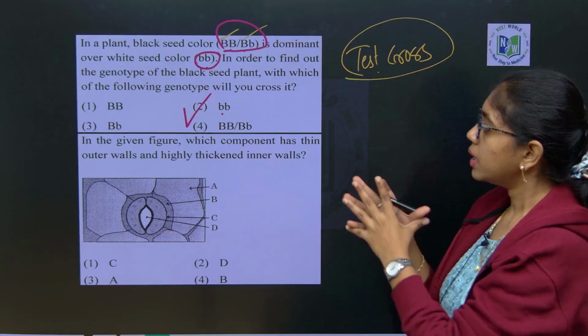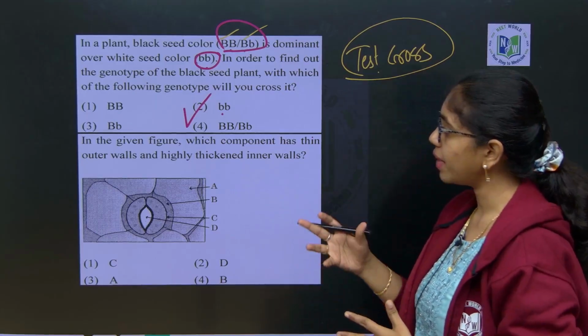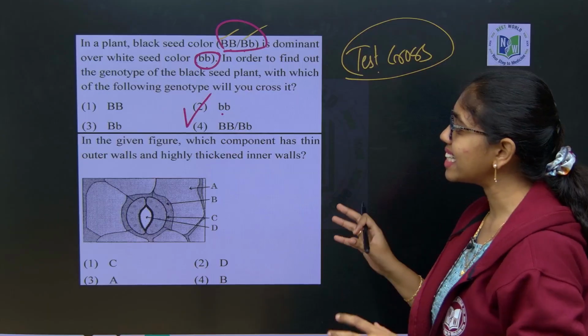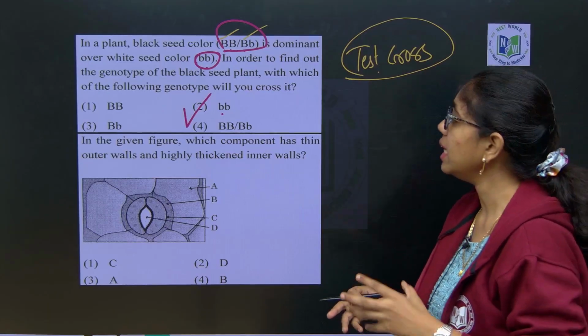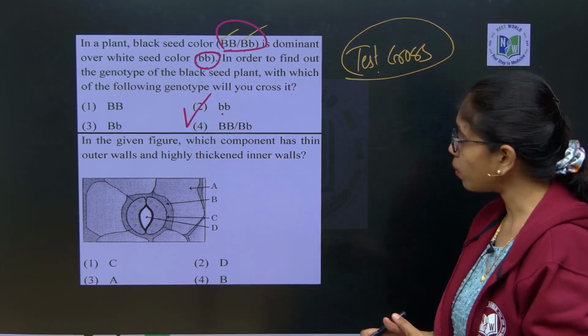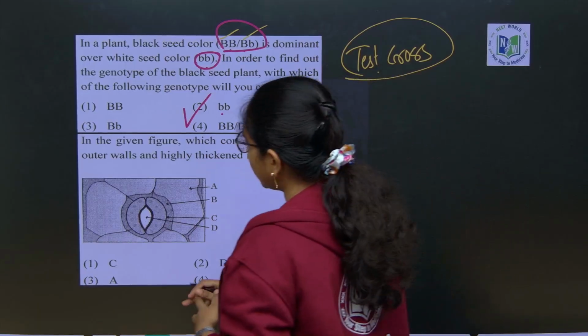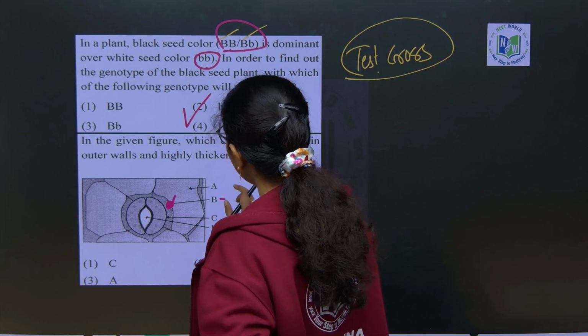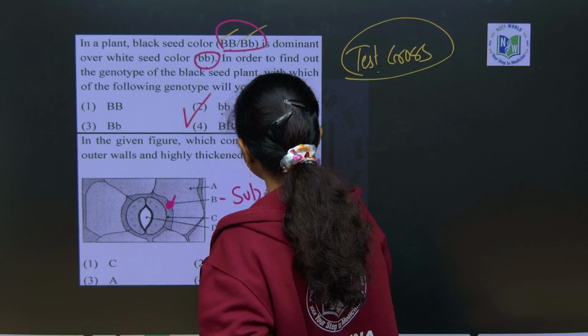Next question. This is from plant physiology, wherein in the given figure, which component has thin outer wall and highly thickened inner walls is the question. So here if you clearly see, Nana, these are subsidiary cells over here, B is subsidiary cells.